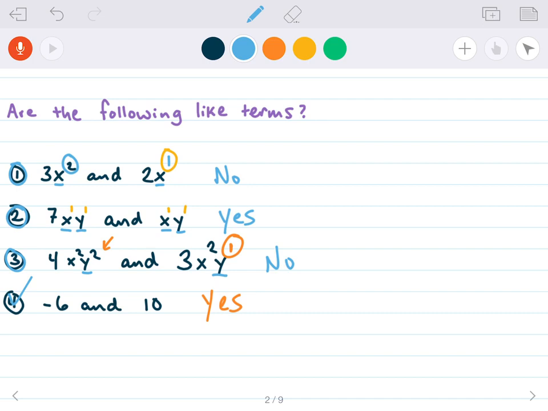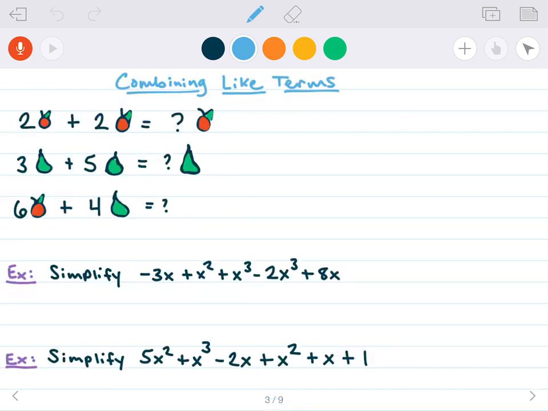All right. So now let's talk about combining like terms. When I say combining, I mean adding and subtracting. So if we have 2 apples and we add 2 more apples, how many apples do we have? Well, we have 4 apples, right? What about pears? If we have 3 pears and 5 pears, we have 8 pears, right?